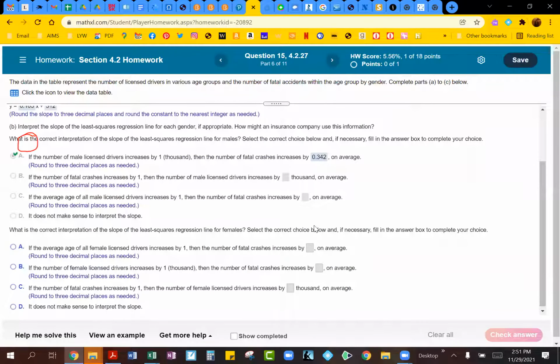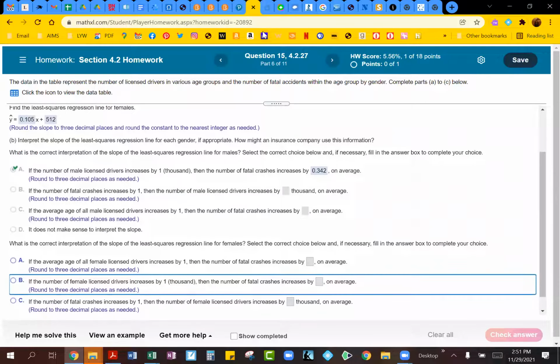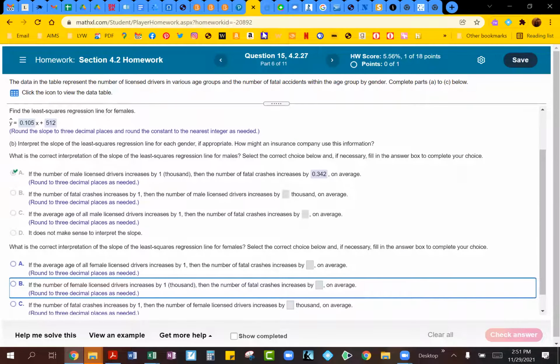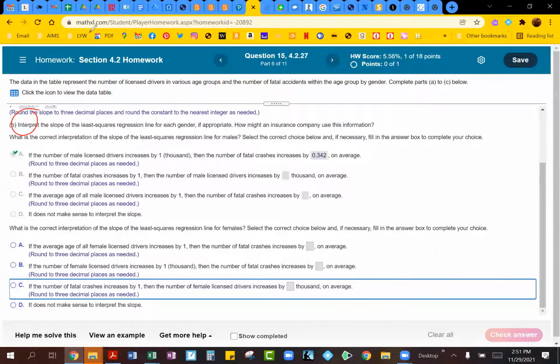And, obviously we'll be doing basically the same thing with the female drivers' licenses. So that's going to be a factor of 0.105, because that's the slope on the females. So same thing, you are going to go with the option that again is talking about in terms of thousands.